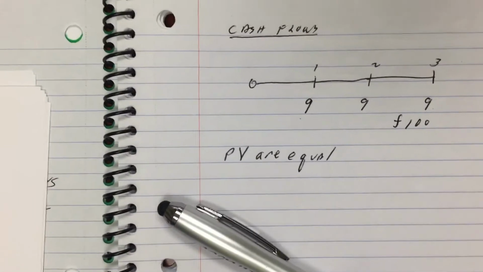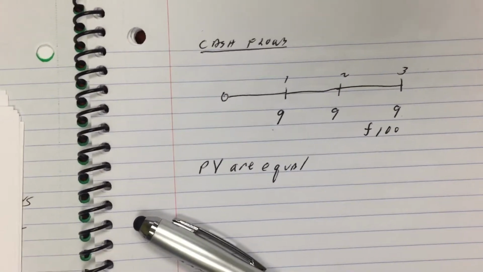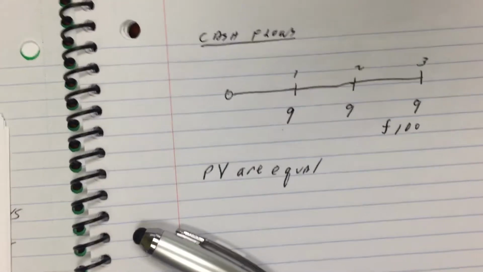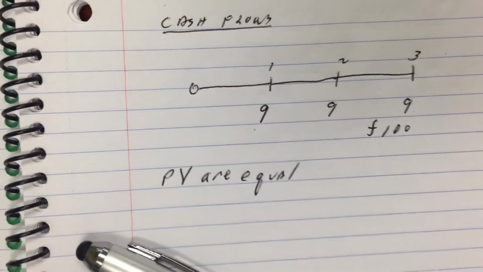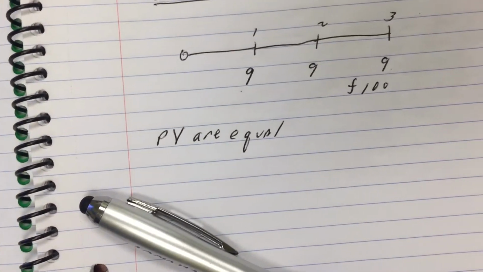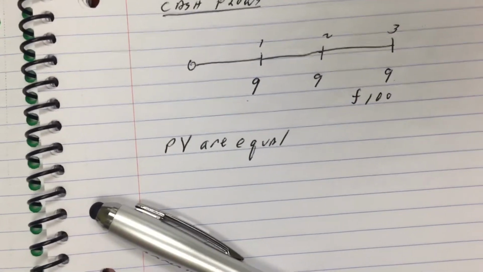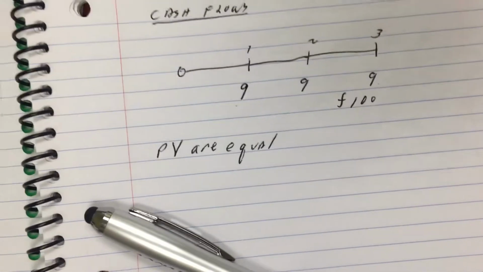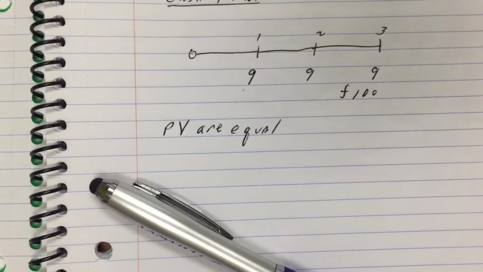You should have a present value function in your calculator. So this would just be 9 over 1.11, and this one would be 9 over 1.11 squared, because it's 2 periods.